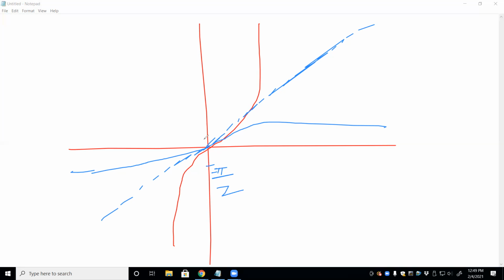And now it's easy to see that as long as you're taking the inverse tangent of minus x to the fourth, right? Right, right.